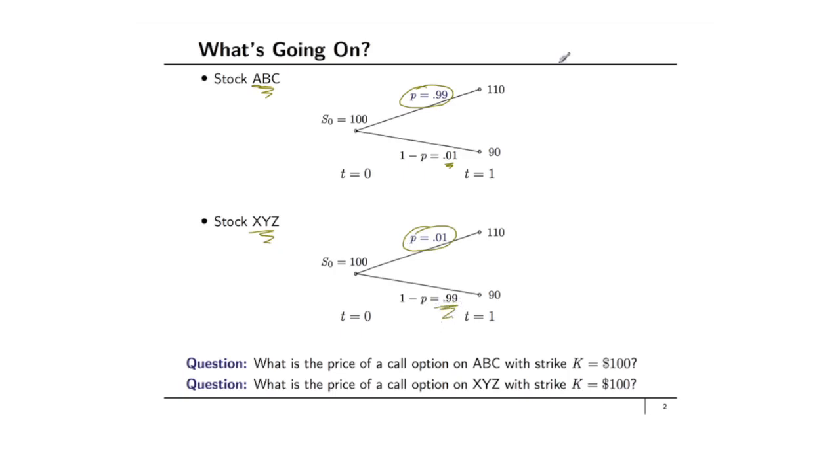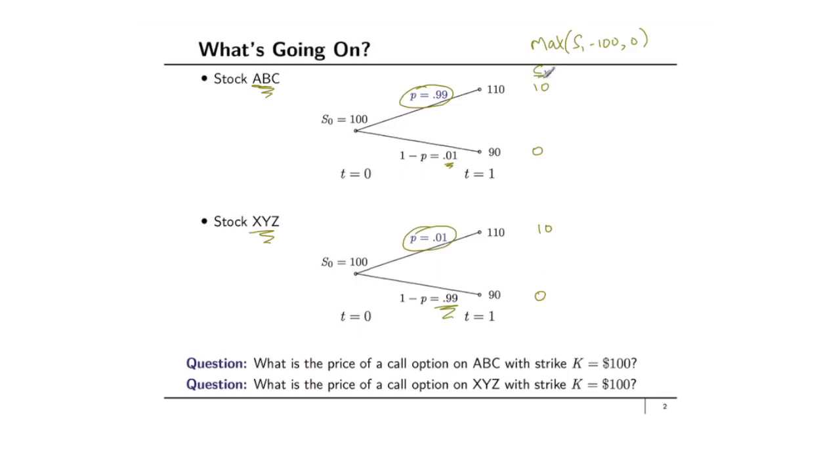And then we talked about a call option with payoff equal to the maximum of S1 minus 100 and 0. We wanted to know how much a call option was worth on each of these two stocks. Well, the strike is 100, so the payoff here would be 10 or 0 in each case.